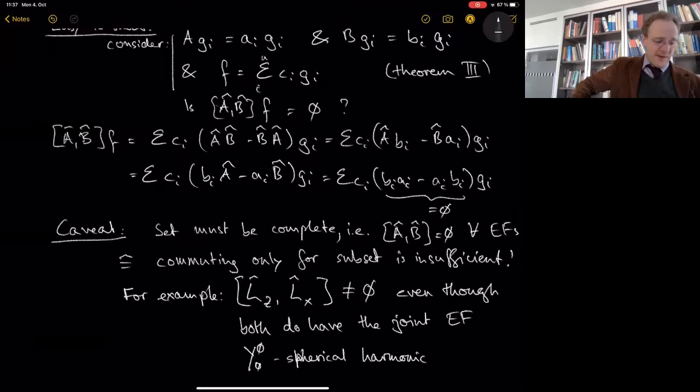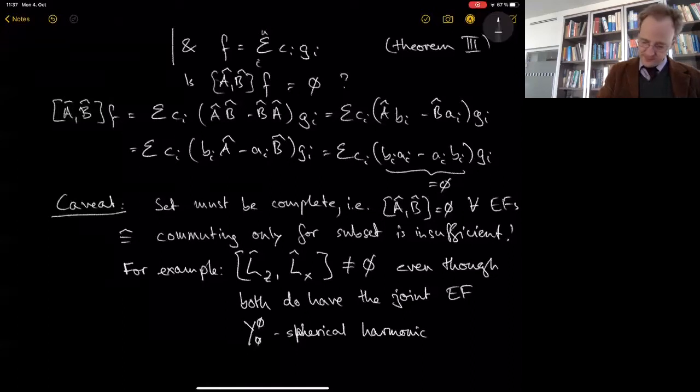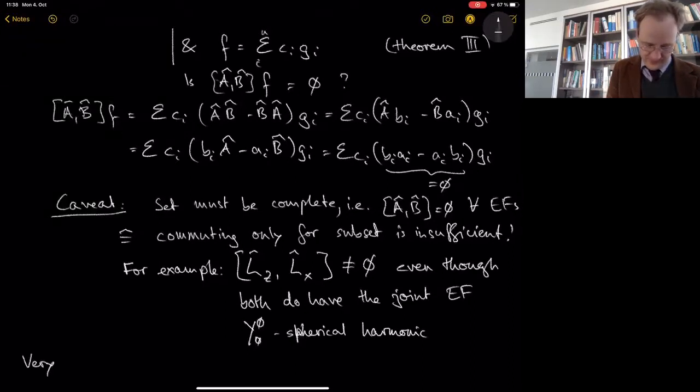Now, if they commute, you can use the same eigenfunctions over and over again. So this is how it's useful. Even very useful.